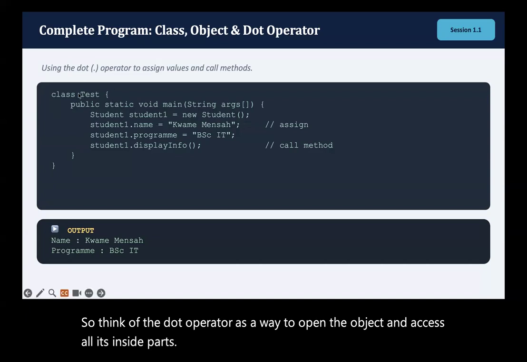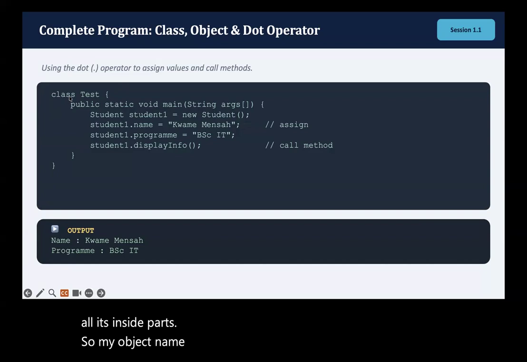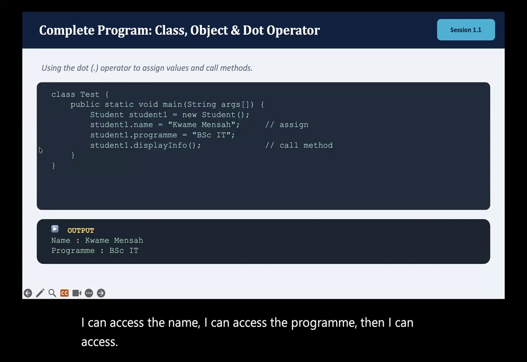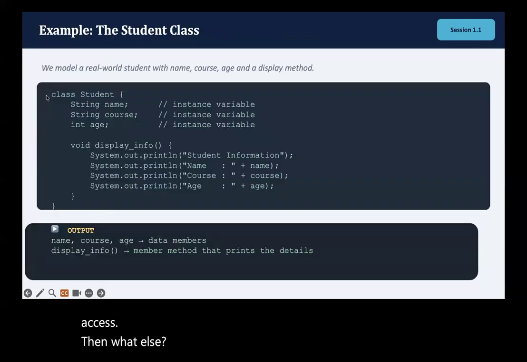My object name is student1 dot. Then I can access the variables. I can access the name, I can access the course.